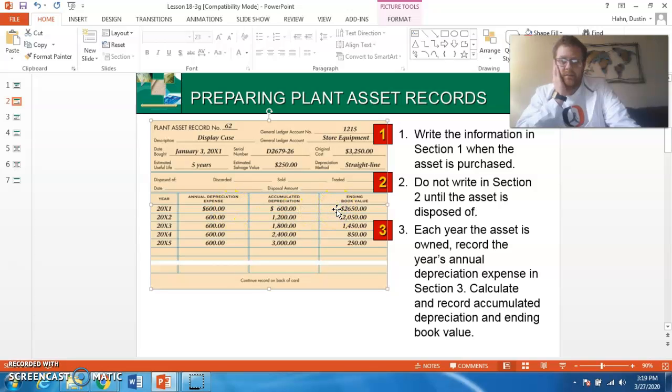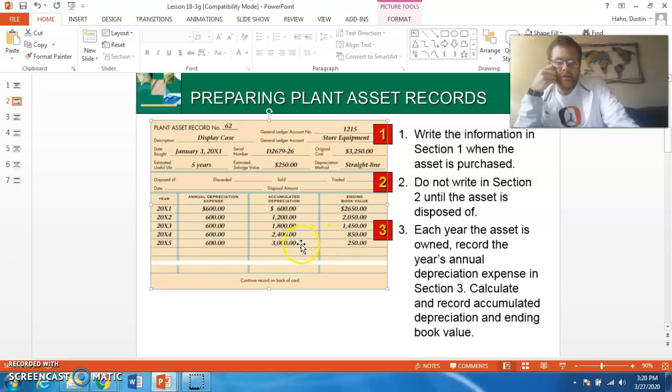That gets your book value. Here you're estimating $600 again for year 2 for it to depreciate. Accumulated 600 plus 600 equals 1200. Then you take your $2,650 minus your 600 equals that. Then it just repeats the process.